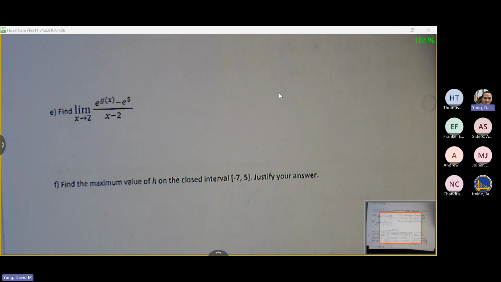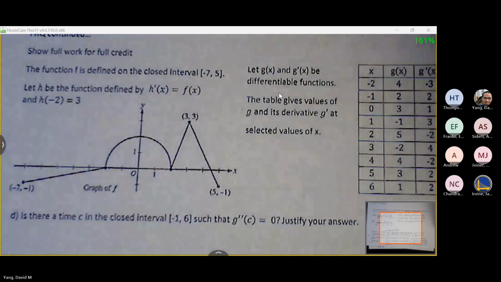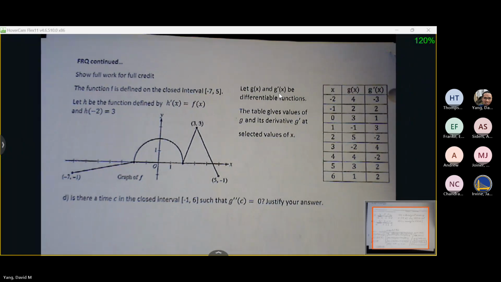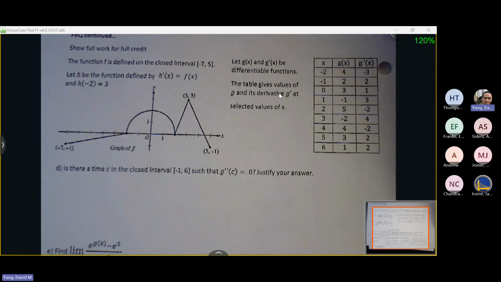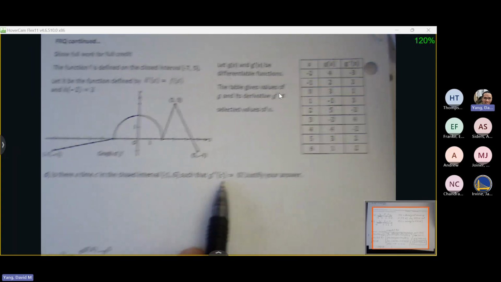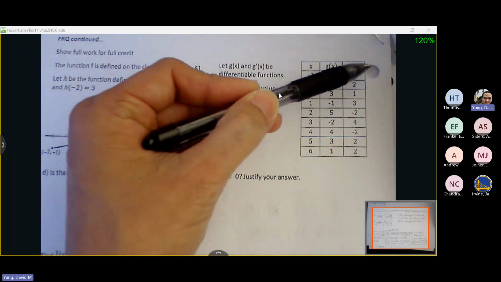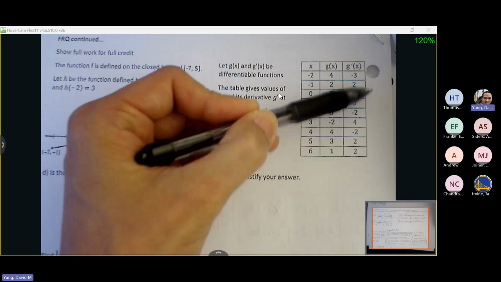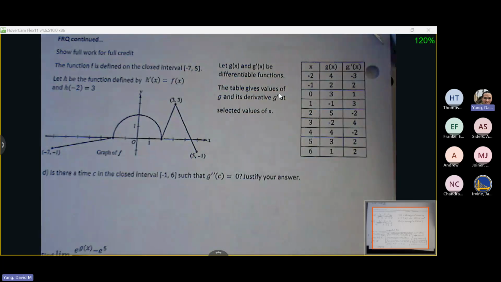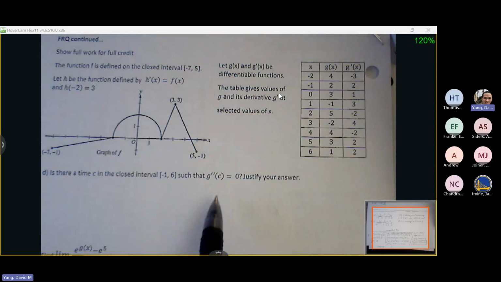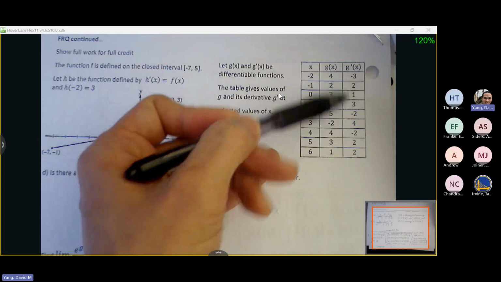Okay, next page. Is there a time C such that G double prime is equal to 0? If we had a G double prime table, we could look to see if 0 shows up, but we don't see that, so we need to rely on G prime.